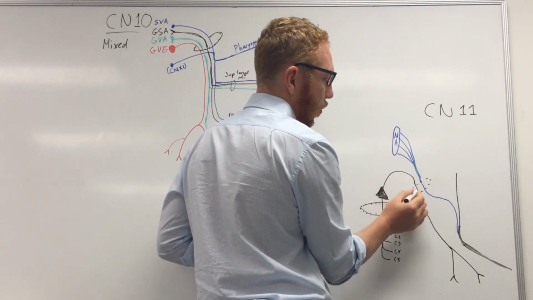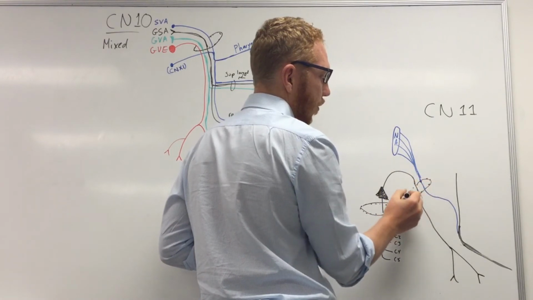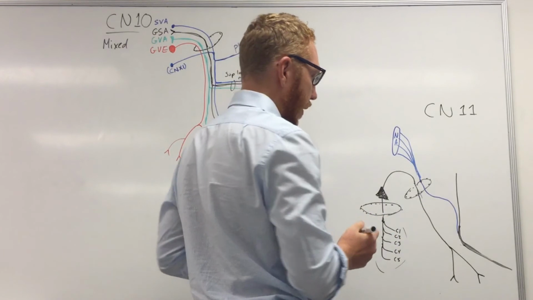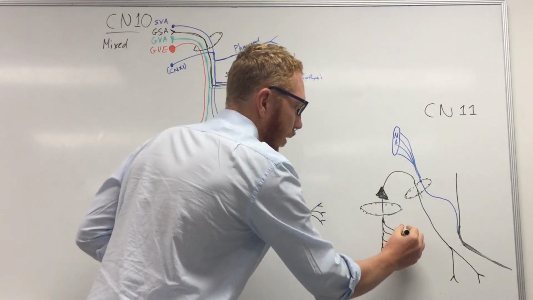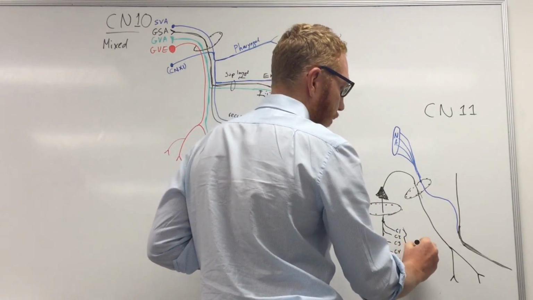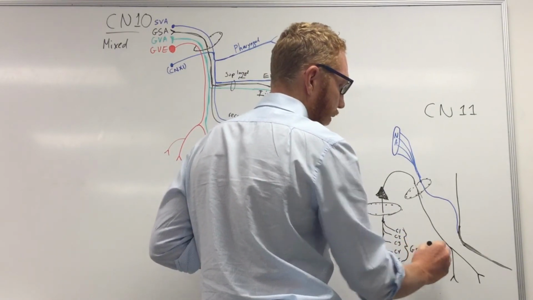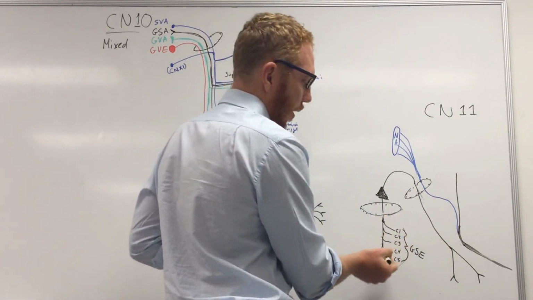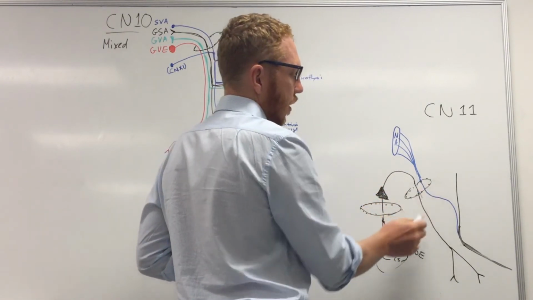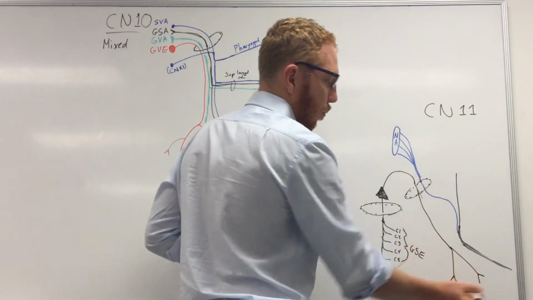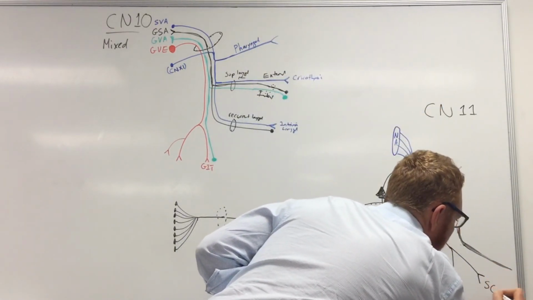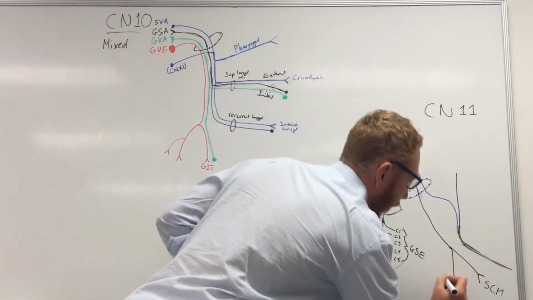and together they go through the jugular foramen, and at least this component, which I should have written in, is going to be general somatic efferent, so skeletal muscles, going up through there, meeting up with the collective accessory nerve, but then going down and branching off to supply the sternocleidomastoid, okay, and the trapezius.